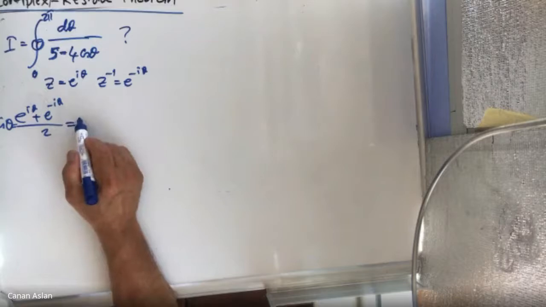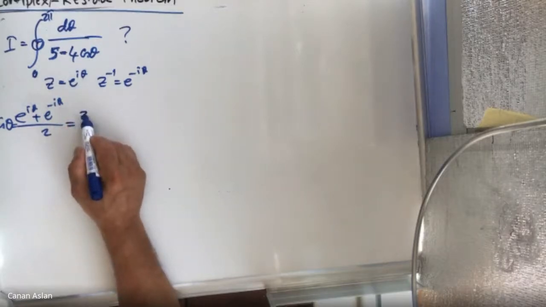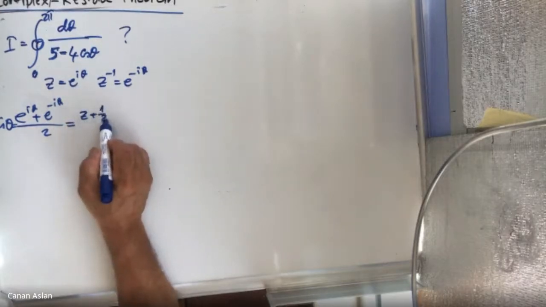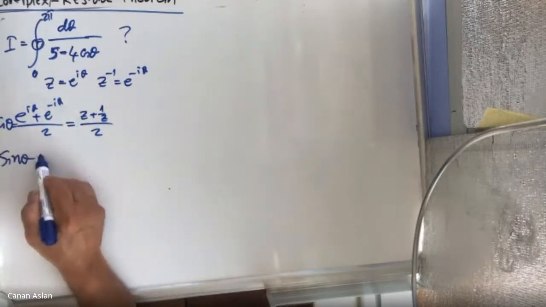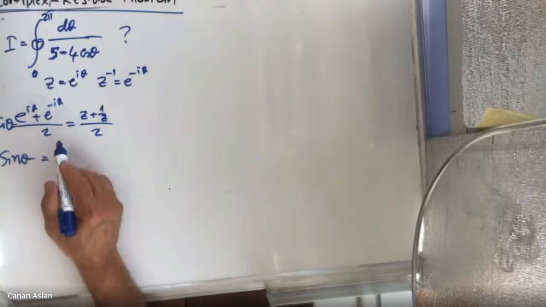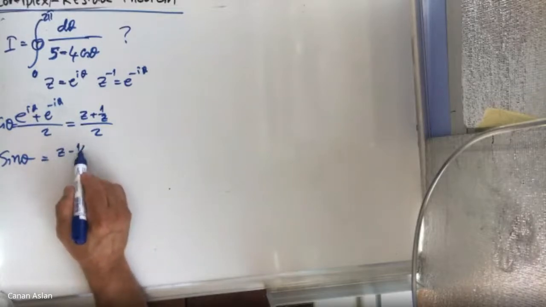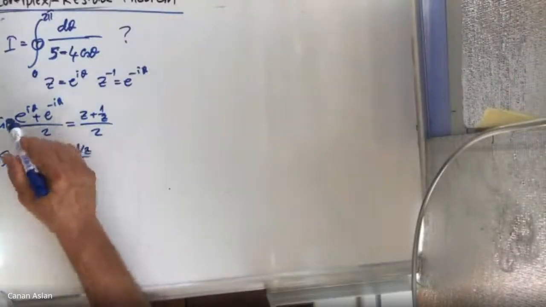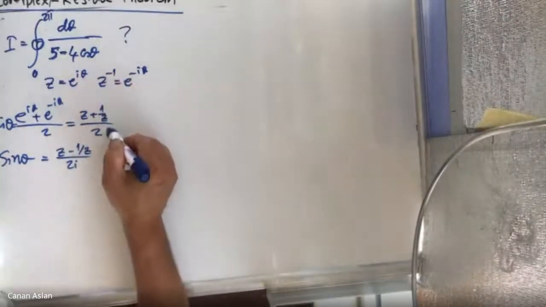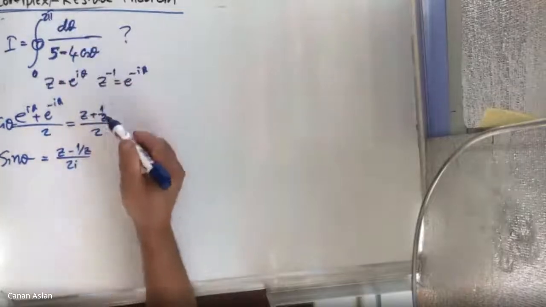So cosine theta is z plus 1 over z divided by 2, and sine theta is the difference between the two, z minus 1 over z divided by 2i.